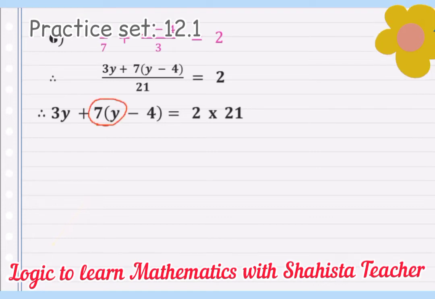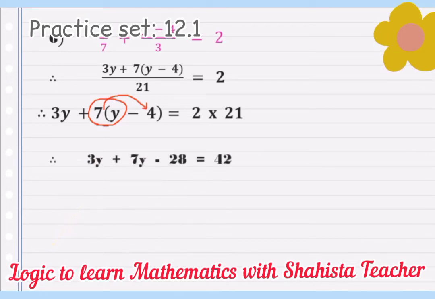So 7 into y is 7y, minus sign, 7 4s are 28. So we will write 3y plus 7y minus 28 is equal to 2 into 21, 42. Now 7y plus 3y is 10y.